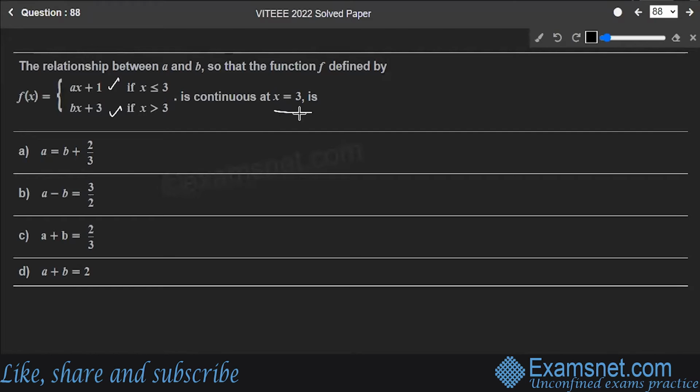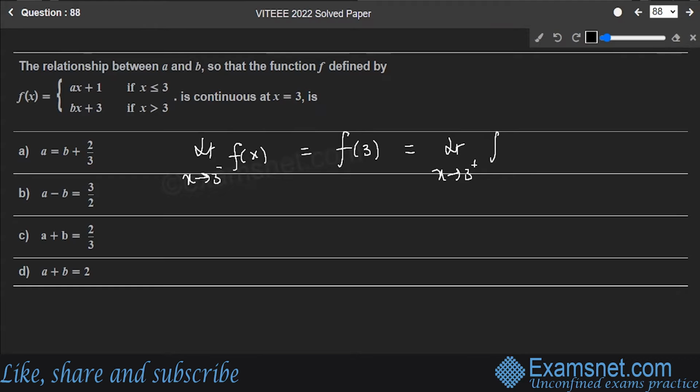Now it's given that the function is continuous at x = 3. If the function is continuous here, that means the limit as x approaches 3 minus of f(x) is equal to f(3), which is equal to the limit as x approaches 3 plus of f(x).